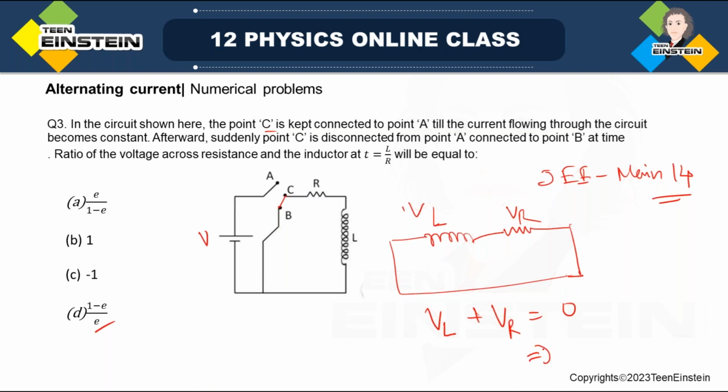It is actually very simple, this is the trick: VL plus VR is equal to 0 by Kirchhoff's law. So we have to find the ratio of the voltage across the resistance to the inductor.